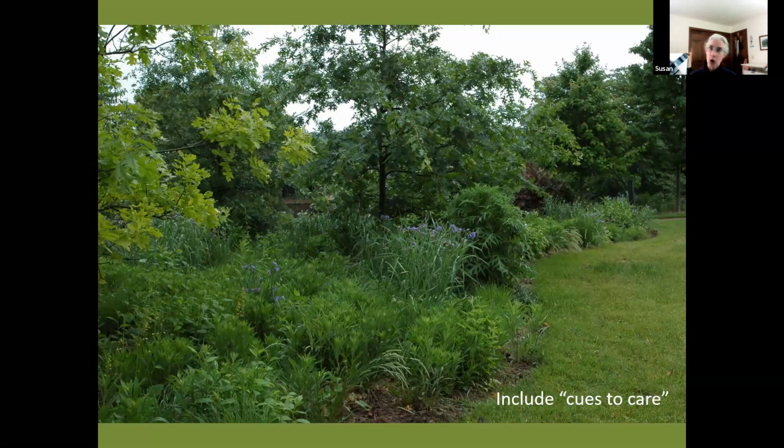And what she means by cues to care is that there are ways to signal that this garden is intentional, that this garden is cared for, and that this garden is valuable. An example from this is a picture of our Black Oak Savanna garden in the early years.